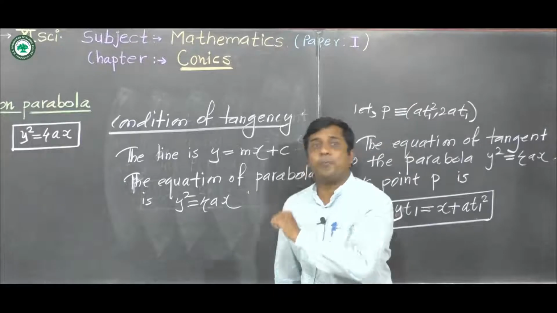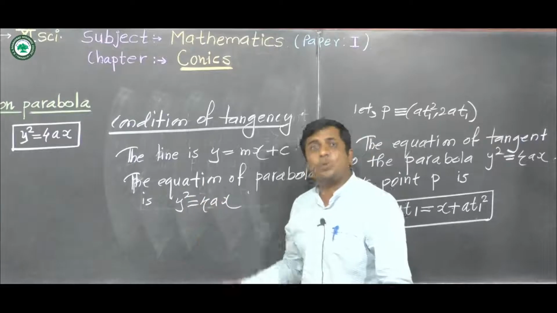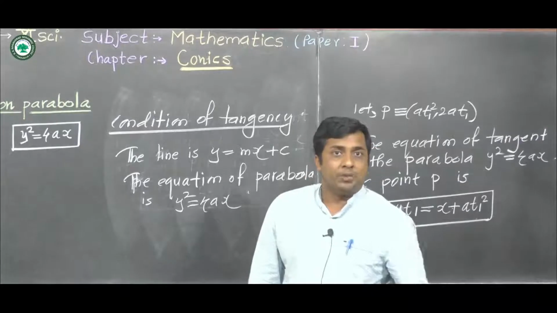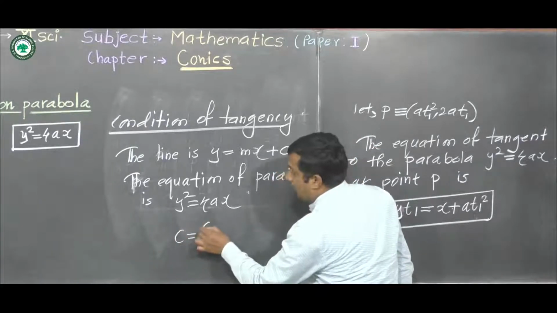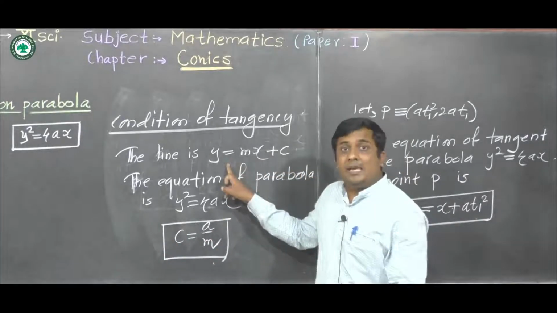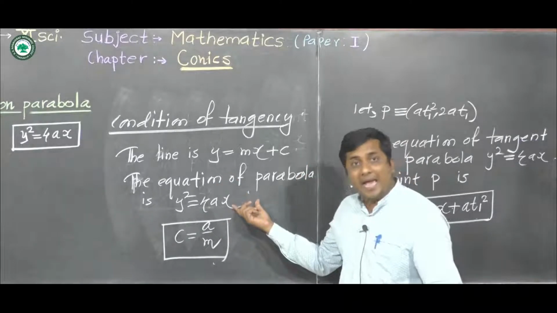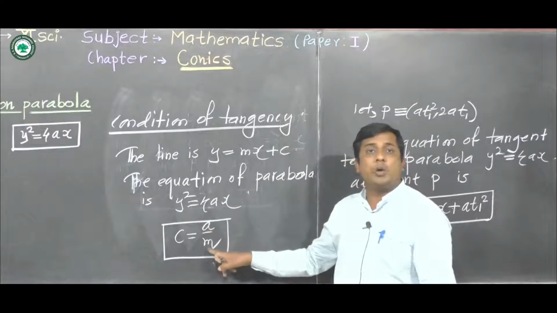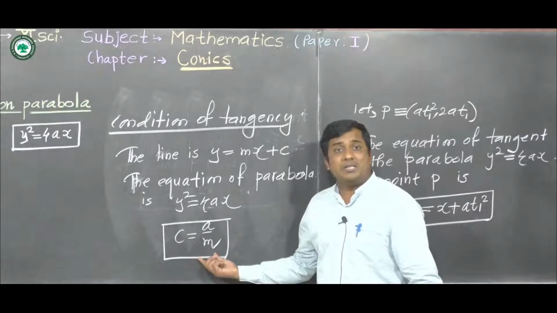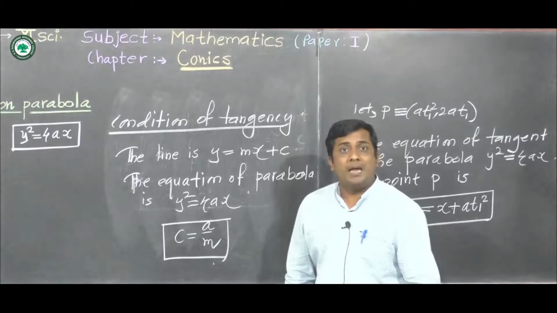Now the condition for the line to touch the parabola y square is equal to 4ax, that is, to be a tangent, is c is equal to a by m. That is, this line is a tangent to the given parabola y square is equal to 4ax if c is equal to a by m. So remember this condition of tangency, c is equal to a by m.